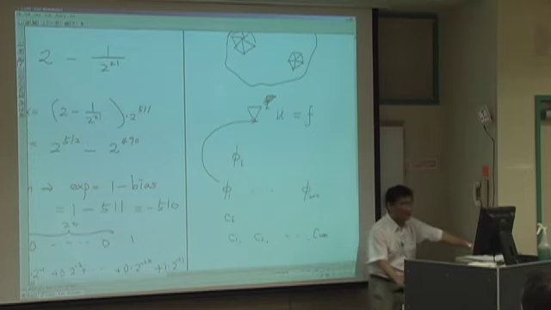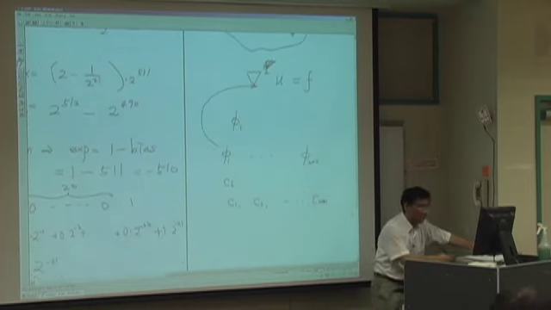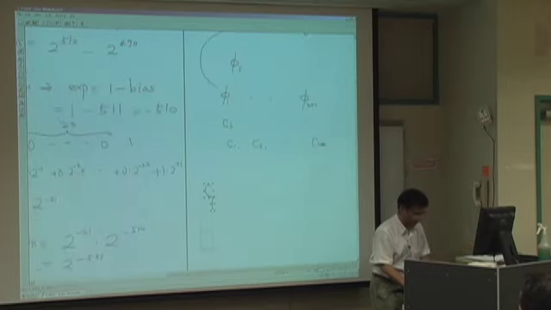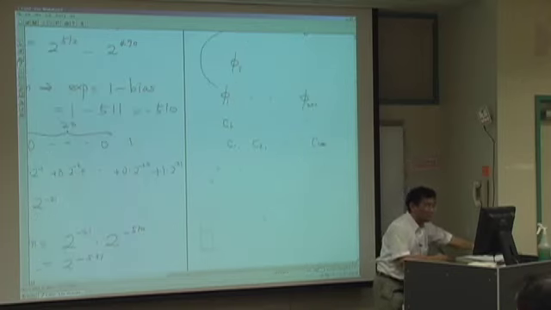Then the answer is this: C1 phi1 plus C2 phi2 and so on up to C200 phi200 is the answer.